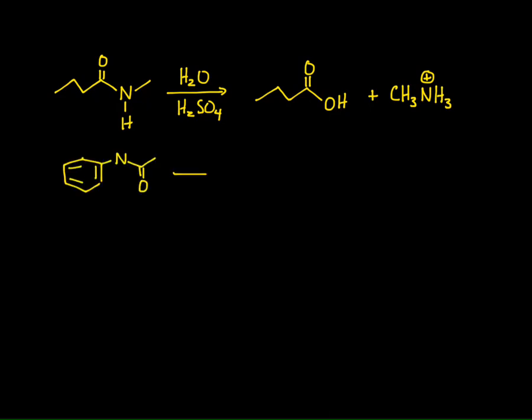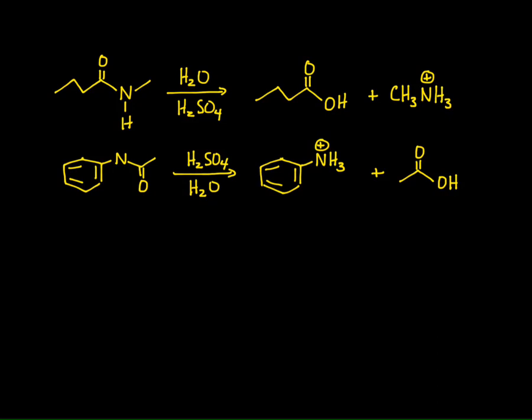And we've done a reaction just like this, where we took paranitro acetanilide. So here I'm showing you acetanilide reacting with sulfuric acid in water, and we hydrolyzed that amide bond. And so when you do that, you get the aniline salt plus acetic acid. And some of you may recall, when running this reaction, you smelled vinegar.